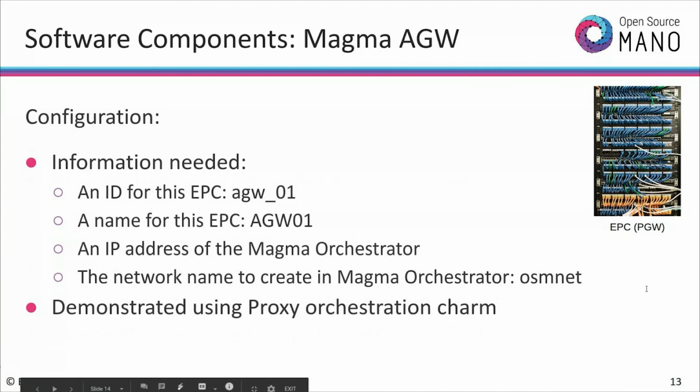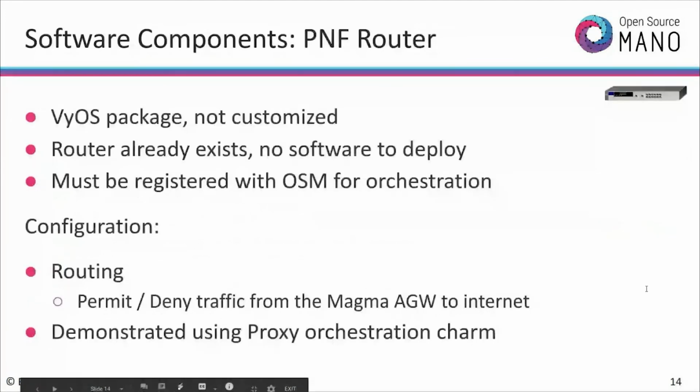The PNF router, well, this is a straight VIAS router. It's not customized. There's nothing that we have done to it. It's locked down. There's no software to deploy. However simple, it's got to be registered with OSM for orchestration.